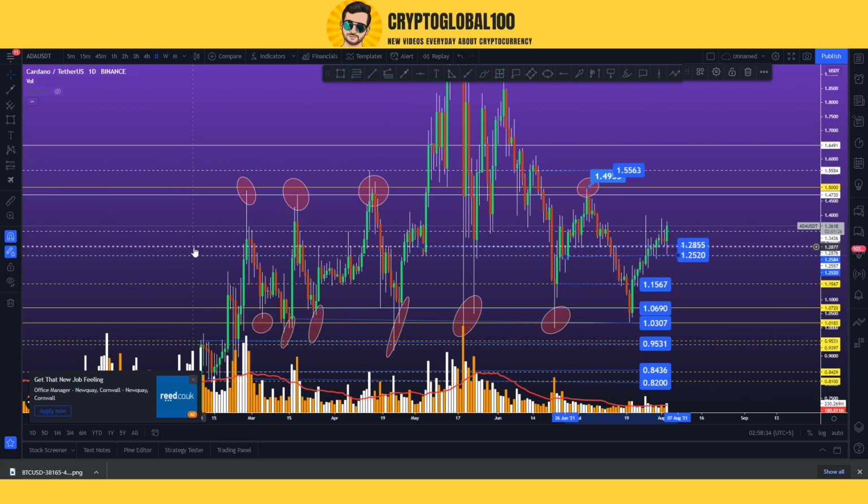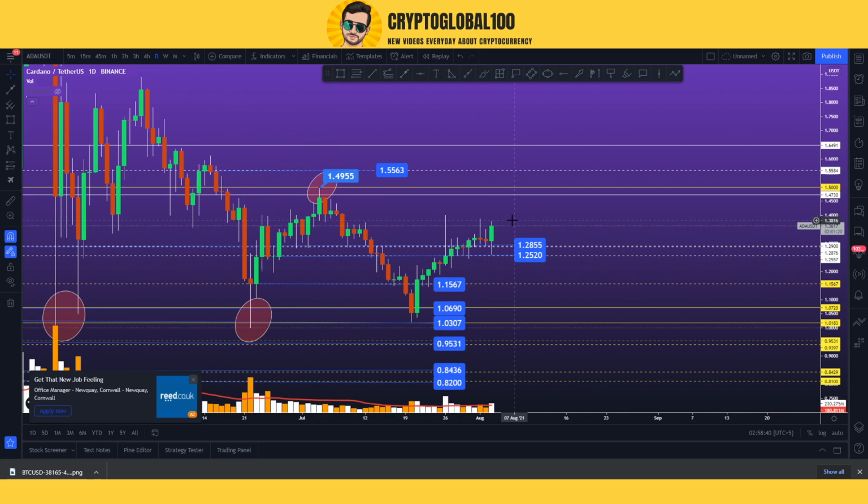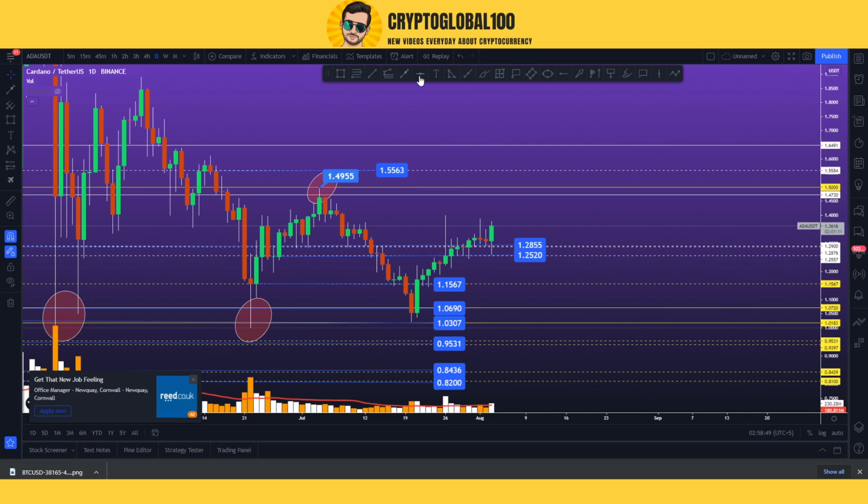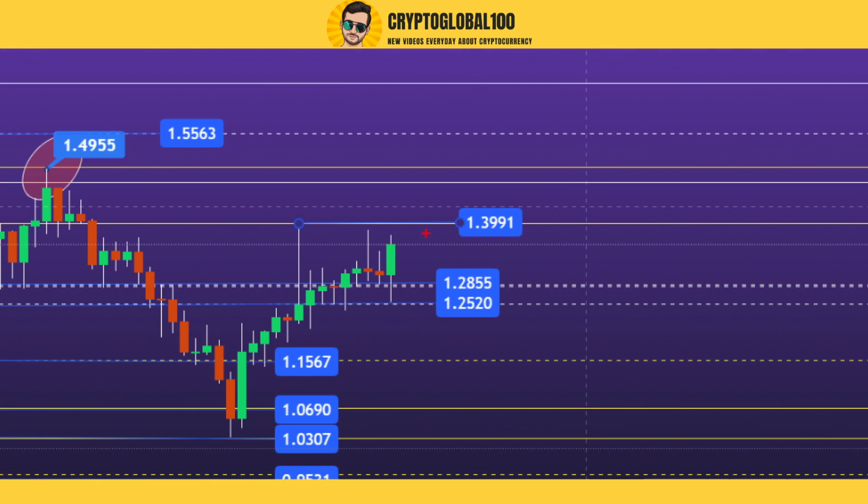If I delete this one, we have multiple areas. Now this is a swing high candle and it is approaching this area of resistance. For now our next resistance is this one, clear cut resistance, 1.39.